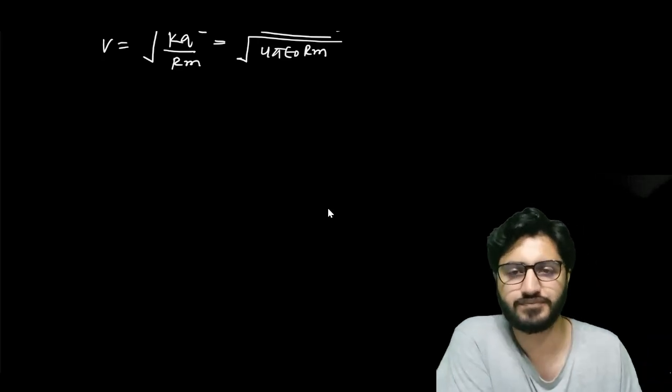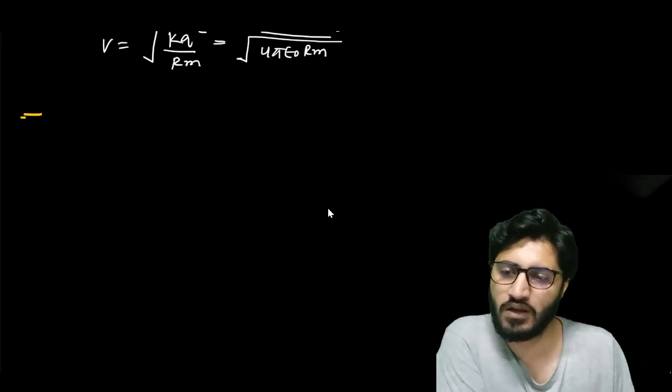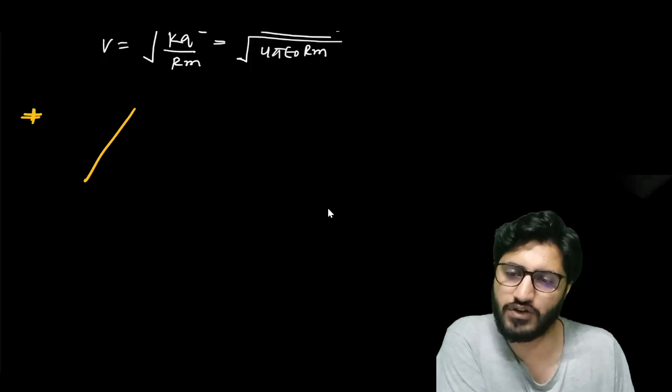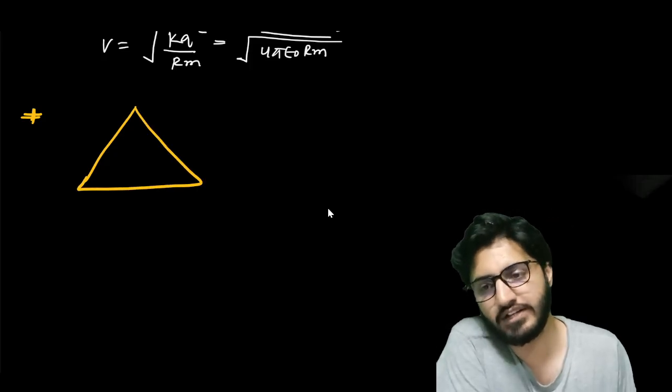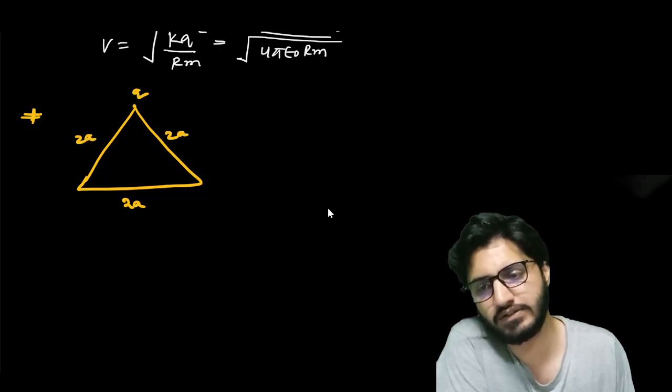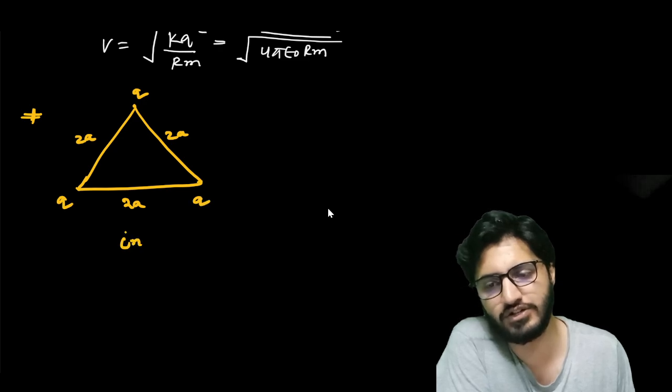Look, if the initial configuration of my system looks like this, initially sides are 2a. Equilateral triangle, charges Q, Q, Q at the vertices, side 2a. It is my initial condition.